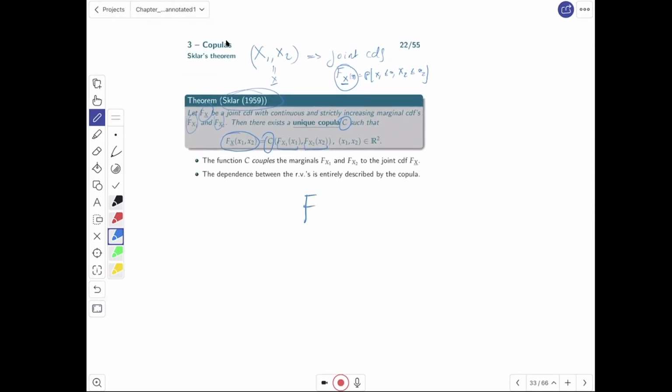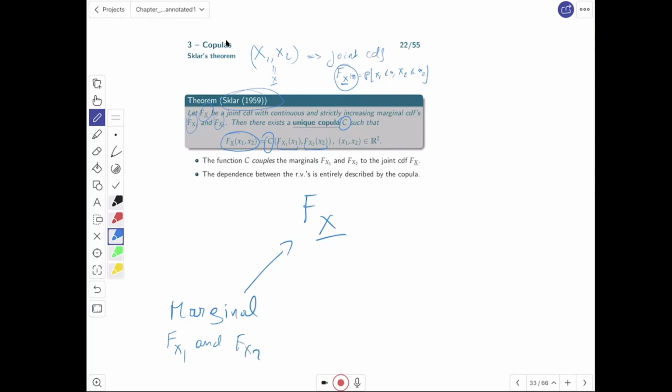It says that if you are looking at a joint CDF, so again, you have your Excel file, 2 columns, then you can hire 3 different people. The first 2 work on the marginal information, meaning I give them data on the first column, and the other one data on the second column, such that they can derive for me F_X1 and F_X2.